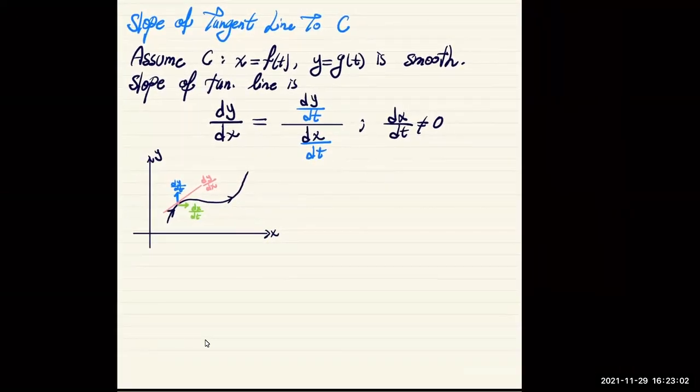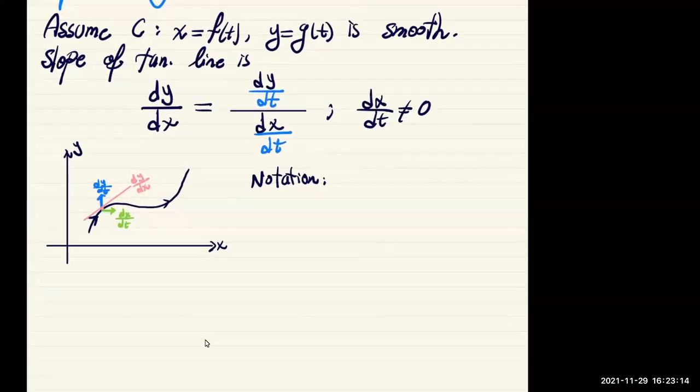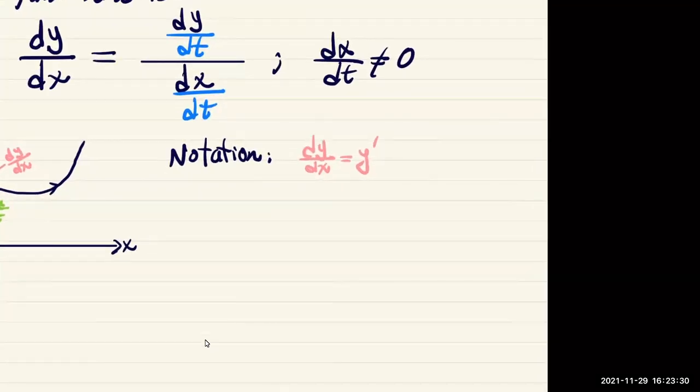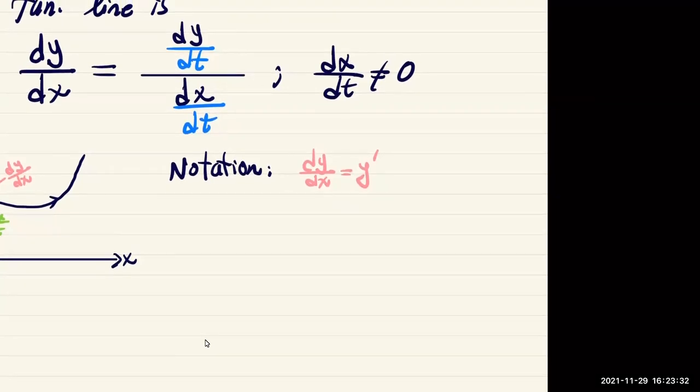Just a notation, a cool notation that I want to discuss here quickly. As we know, dy/dx in short is just y prime. We know that from calculus 1. y prime is the derivative of y with respect to x. Now the derivative of x with respect to t and the derivative of y with respect to t, we don't call those prime.